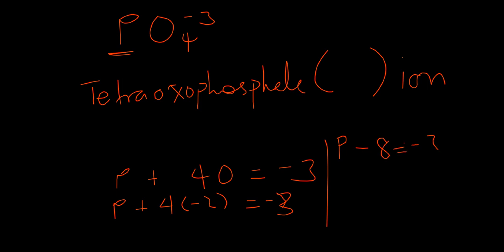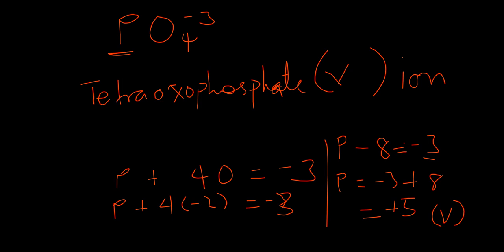So P will be -3 plus 8. So that will give us +5, which is V. So we'll put V here. So the name of this oxo-anion will be tetraoxophosphate(V) ion. As simple as that.